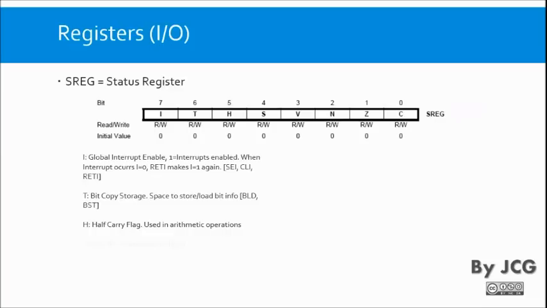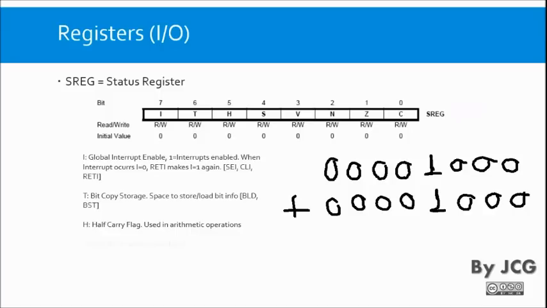This flag is the half carry flag and is used for arithmetic operations. Let's assume we have the number 8 in binary, which is 00001000, and we want to add to this number the same number 8 in binary. When we start summing, 0 plus 0 is 0, 0 plus 0 is 0 again, 0 plus 0 is 0, but then we get 1 plus 1, and 1 plus 1 is 2, which in binary is 10.